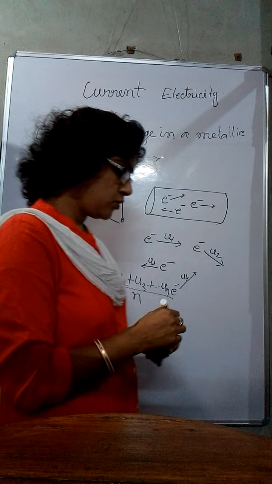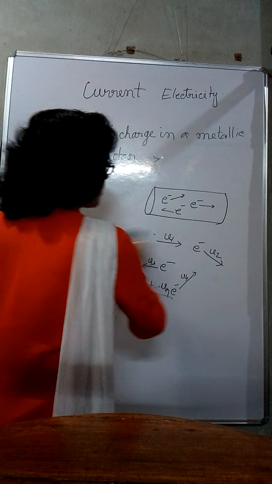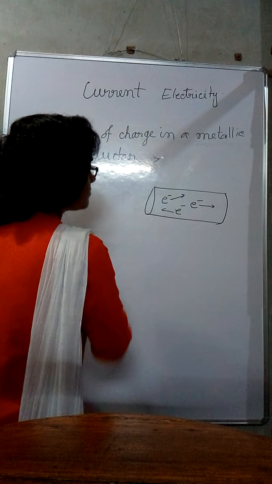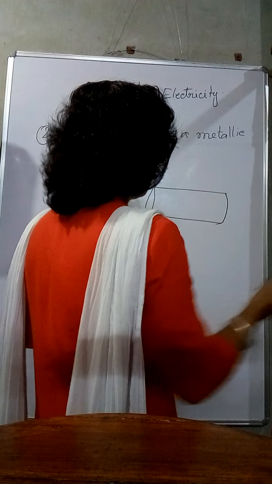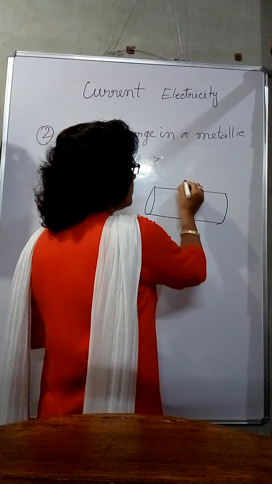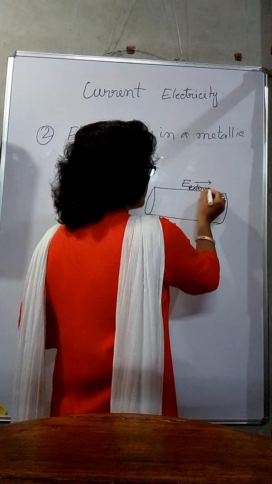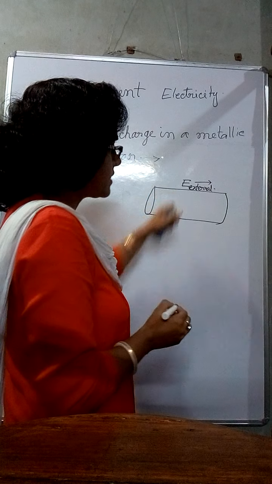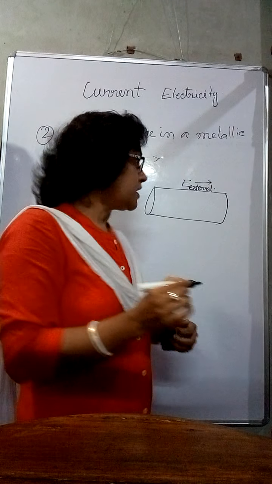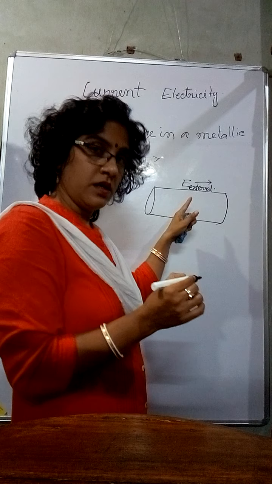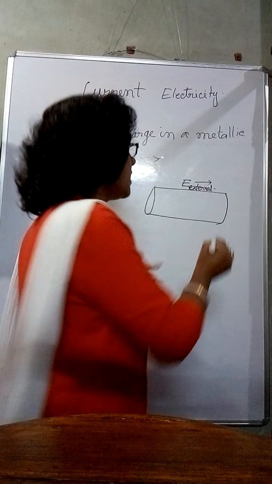Now we will see how the motion is when an electric field is applied. An external electric field is applied there, and due to the external electric field, the electrons, which are negative charges, will get a force in the direction opposite to the direction of the electric field.